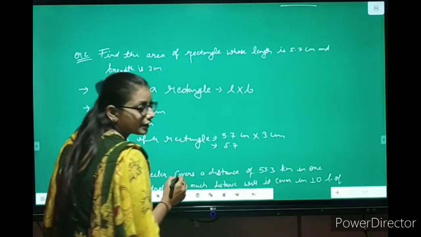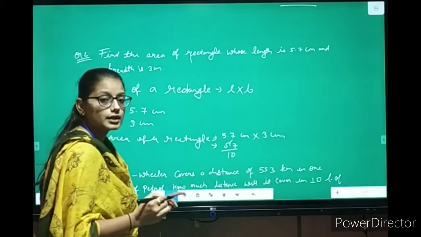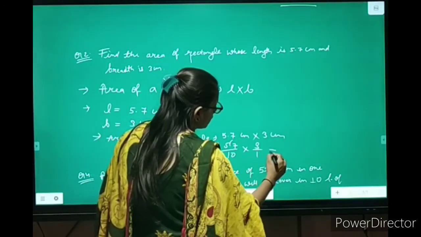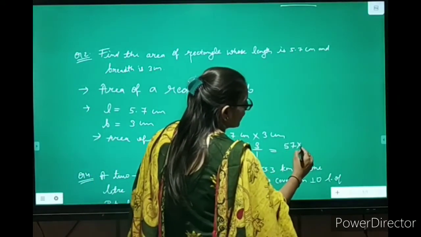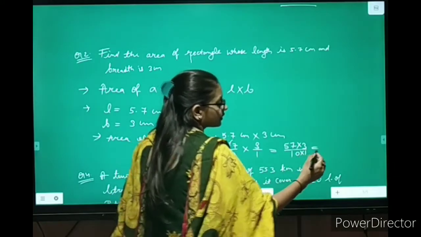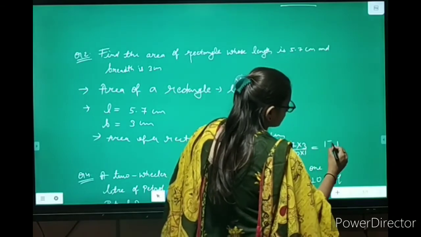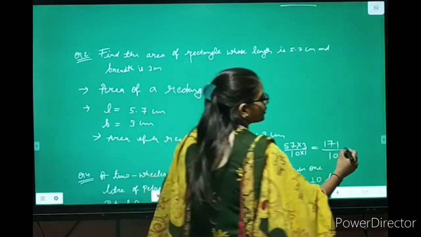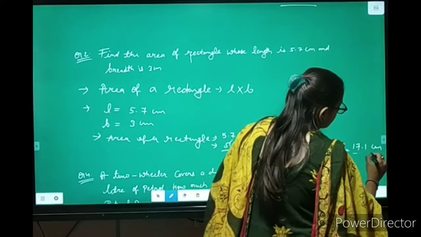There is one digit right of the decimal point, so we can write denominator is 10, multiply by 3 upon 1. 57 multiply by 3 upon 10 multiply by 1. Put the decimal before one digit. So answer is 17.1 centimeter.